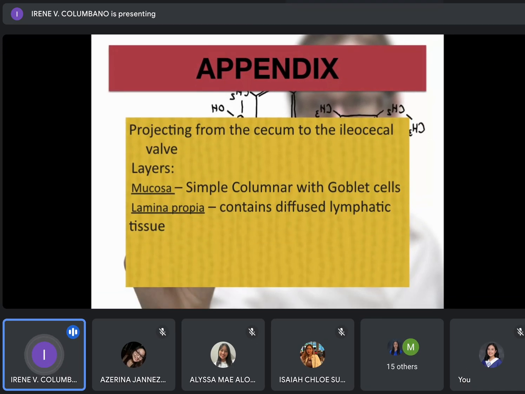Pagka daw kakakain lang natin, bawal tayong tumalon, bawal tumakbo, kasi magkaka-appendicitis tayo. False. Very good, Castillo. Hindi totoo yun. Nagkakaroon lang tayo ng appendicitis pag natatrap doon due to peristalsis.